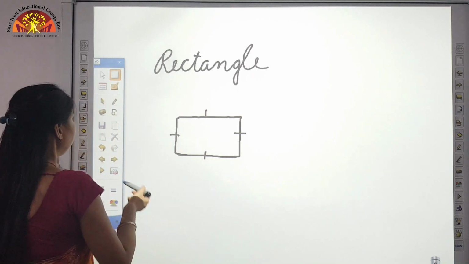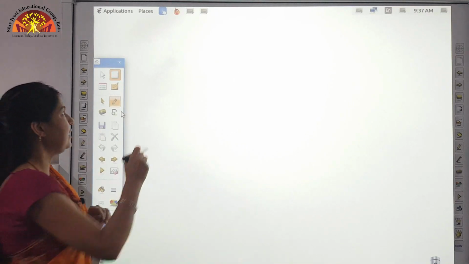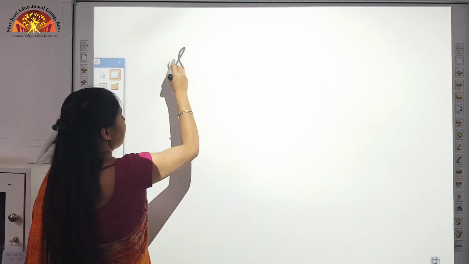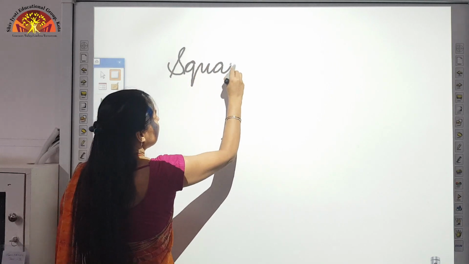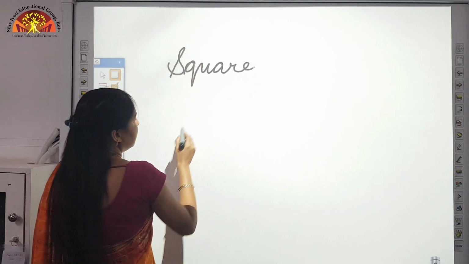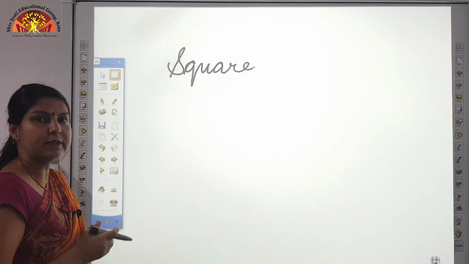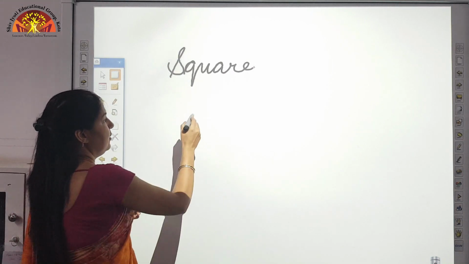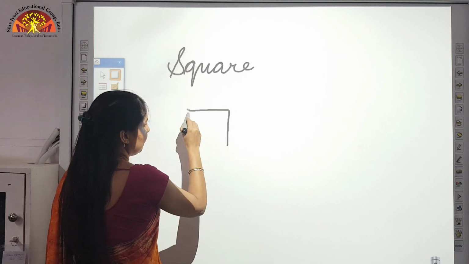Now we will see how we will draw a square. The spelling of square is S-Q-U-A-R-E, square. Children, as you know, a square has 4 sides and 4 corners like a rectangle, but in a square all sides will be equal.